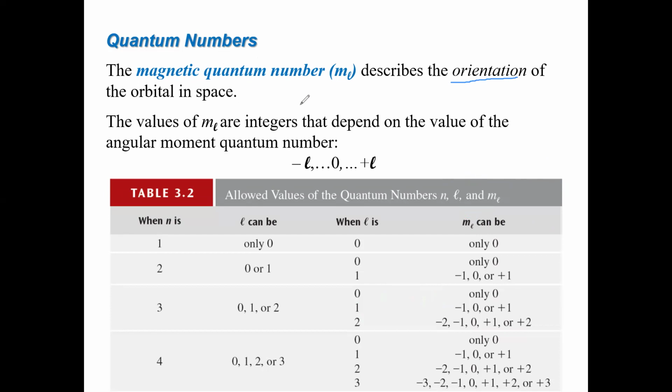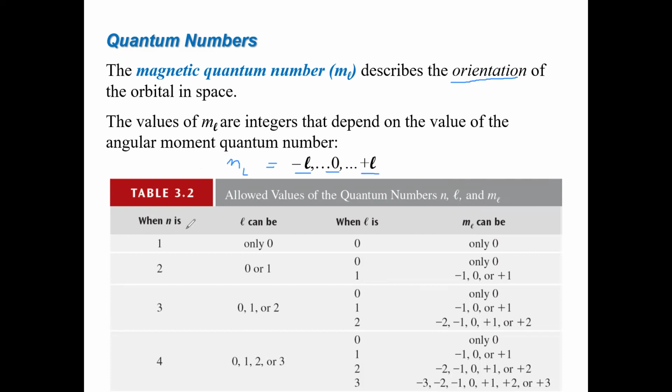The values of m are integers that depend on the value of the azimuthal quantum number, which is the angular momentum quantum number. The value of the magnetic quantum number ranges from minus L, through 0, to plus L.